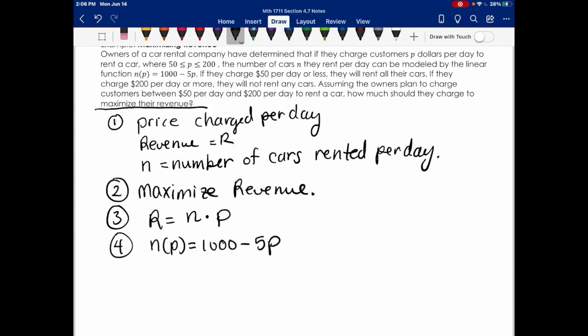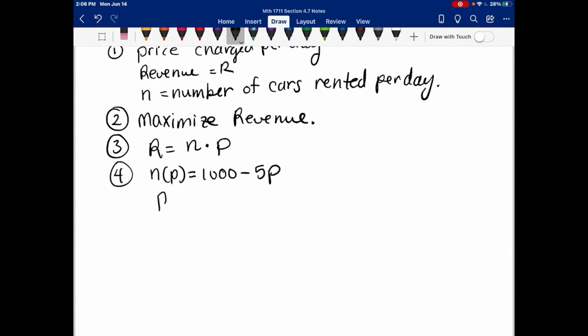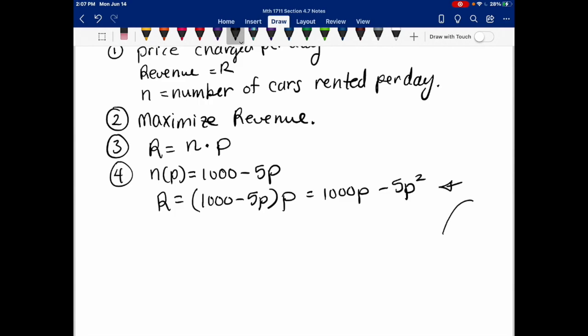So I can use that to substitute in for N and have everything in terms of P. So revenue is equal to 1,000 minus 5P times P. And if I multiply that out, I'll get 1,000P minus 5P squared, which you can see is going to be an upside down quadratic because my leading coefficient is negative.